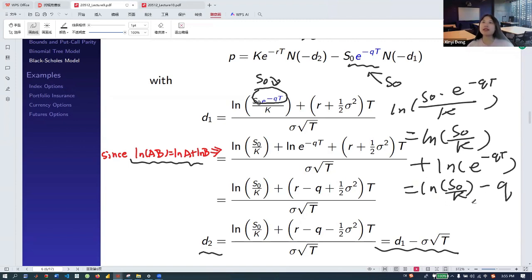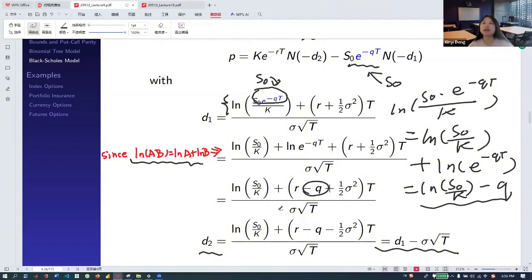You plug this back into the entire numerator for D1. Then, instead of ln S0 divided by K plus r plus 0.5 sigma squared times t, now we have an additional term inside the bracket: minus q.